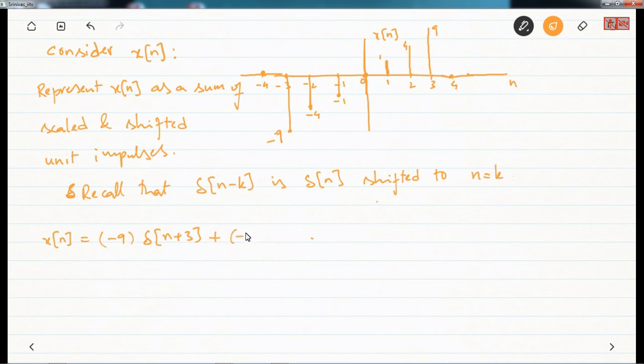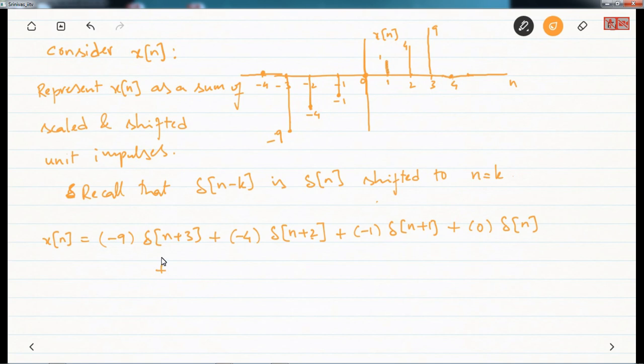plus minus 4 into delta of n plus 2. So there is an impulse at n equal to minus 2 and its amplitude is minus 4, plus minus 1 into delta of n plus 1, plus 0 into delta of n, plus what about this?